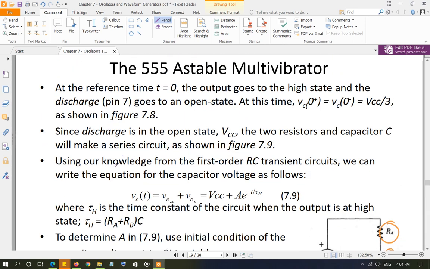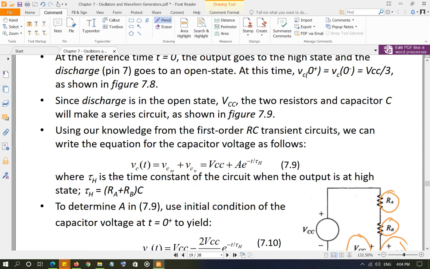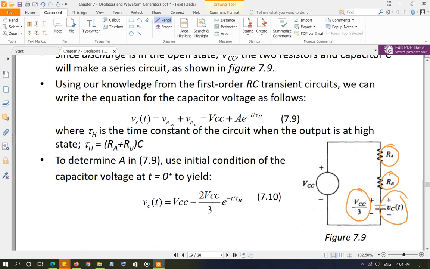Okay, so what's going to happen? We know, like we did in the derivation of the series RC circuit, first order, that the capacitor voltage is comprised of the steady state value plus the natural response. Now the steady state value, if in this circuit you let the capacitor charge, then it will hit VCC after it is fully charged. Of course, it's not going to go to VCC, it's going to start discharging again.